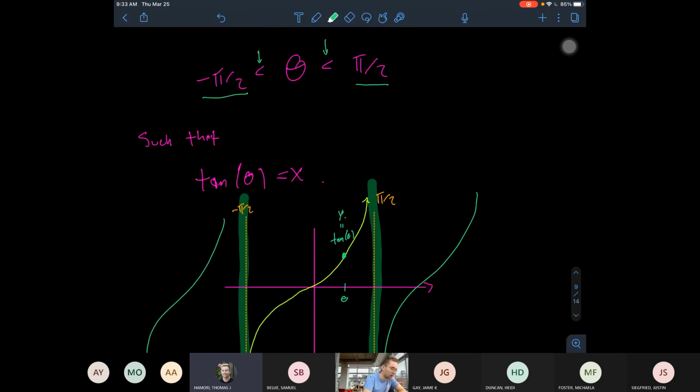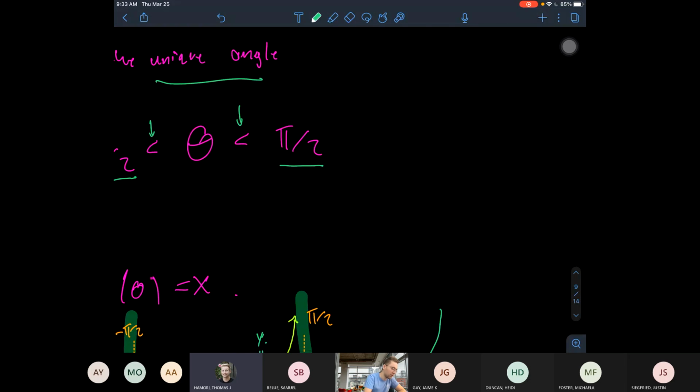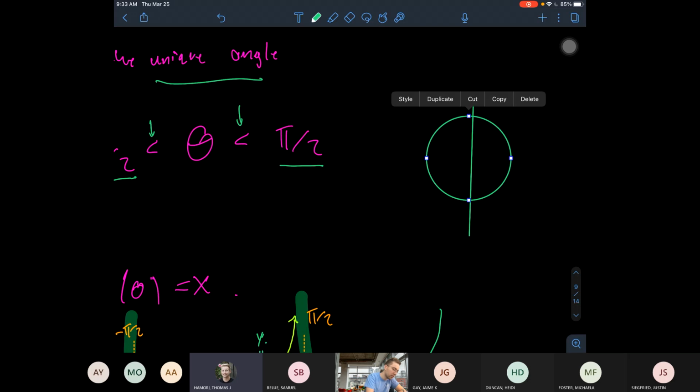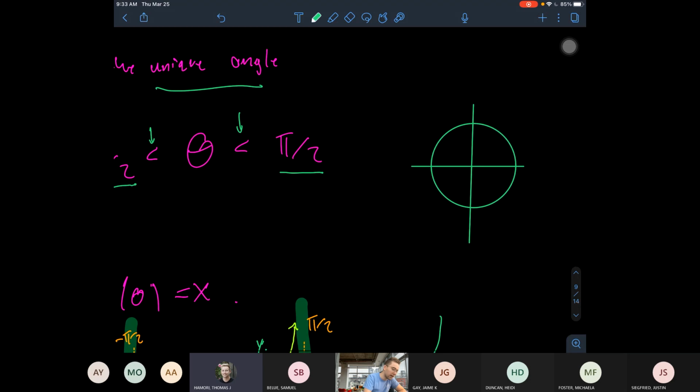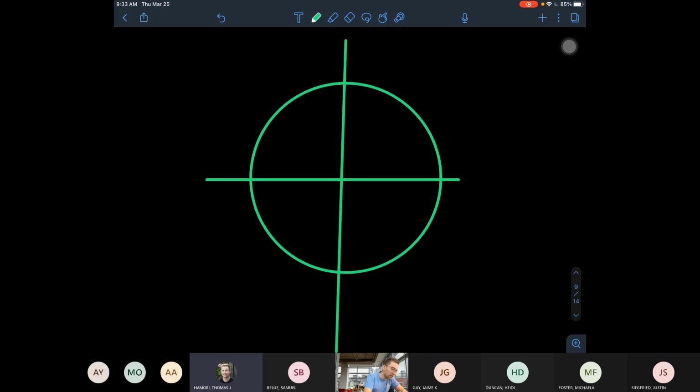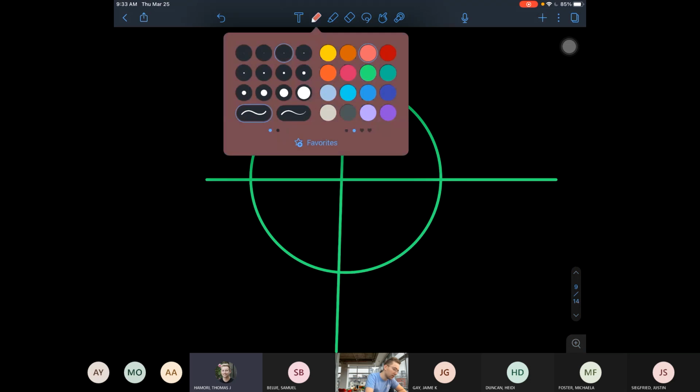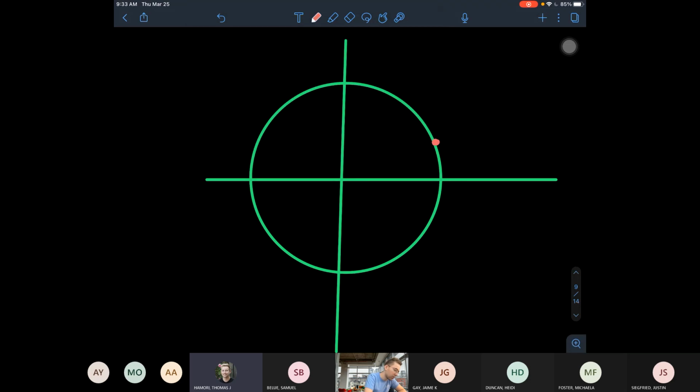Or if you think about it, it's also, if we look at our unit circle, then what is it? Well, remember the tangent is going to describe the length of, well, if we take a point here and draw it like that, such that this thing is tangent, well, what is this distance here?